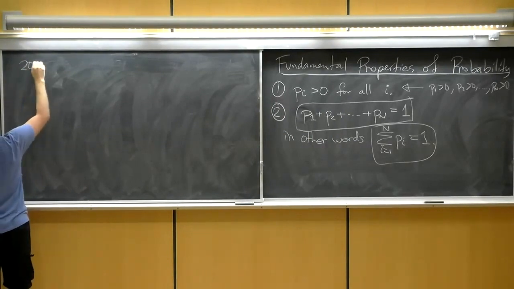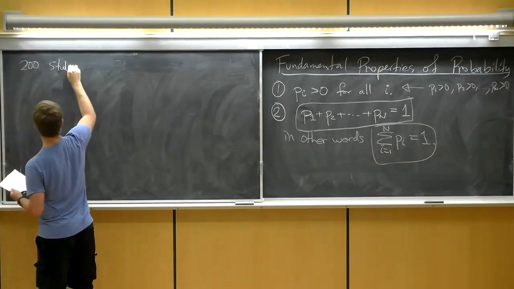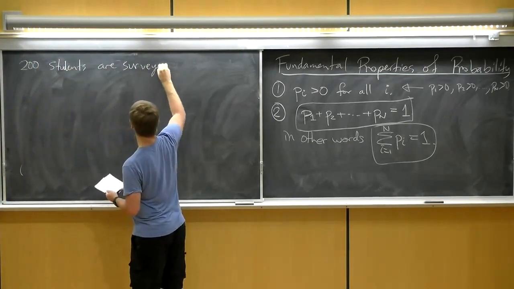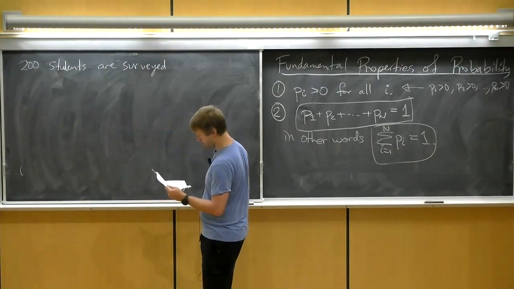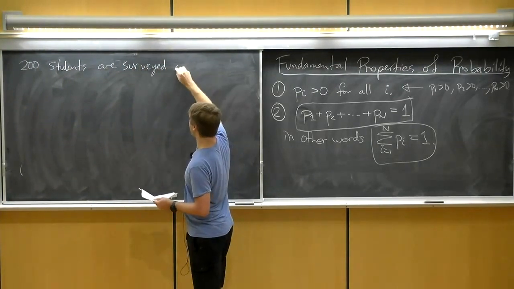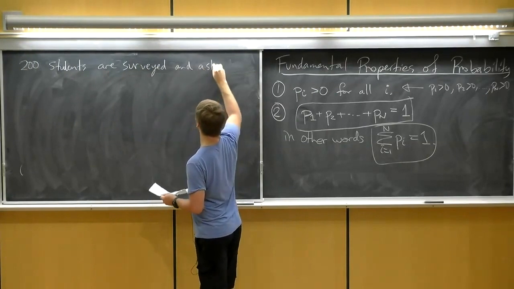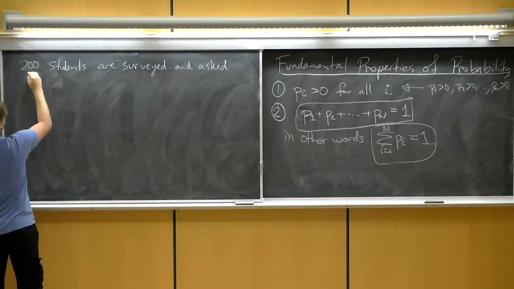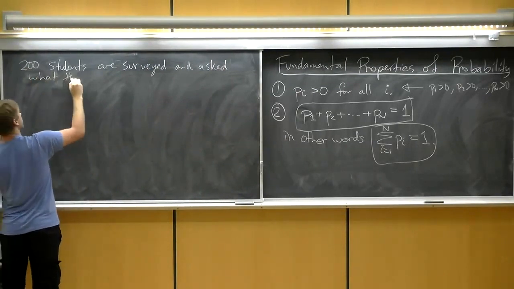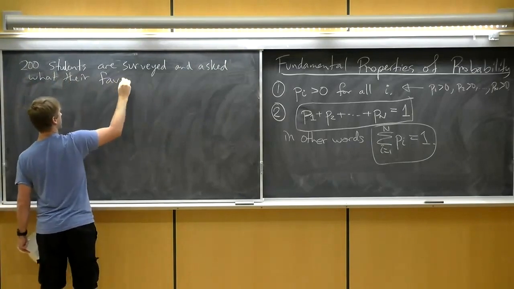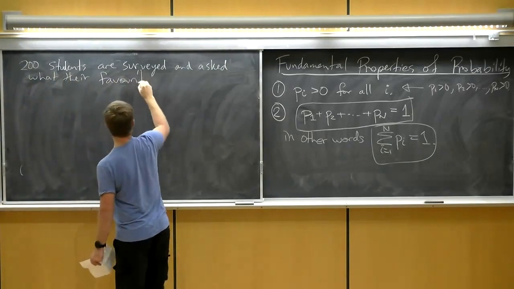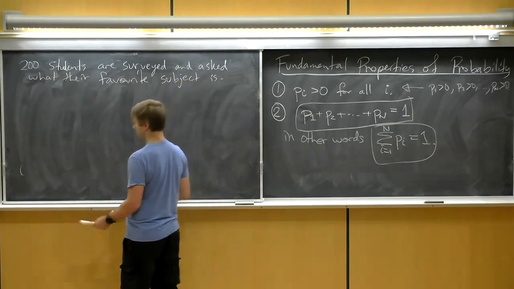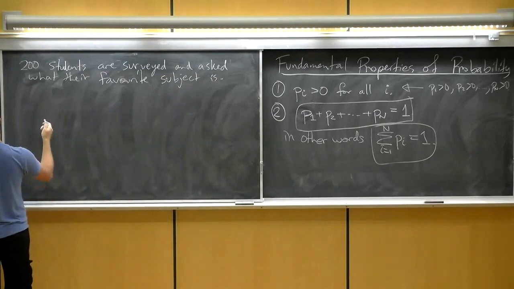So let's say that you've got 200 students, for example, who are surveyed and asked what their favorite subject is. Okay, and suppose you get these results.